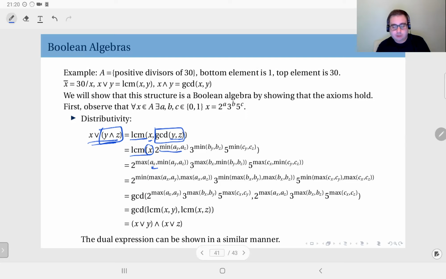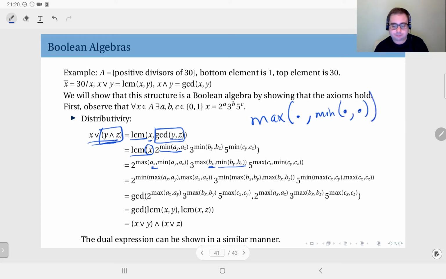Similarly, 3 to the power of the maximum of b sub x and the minimum of b sub y, b sub z, and so on.